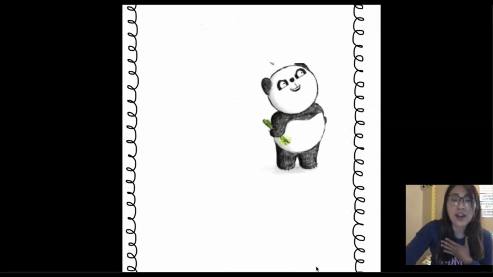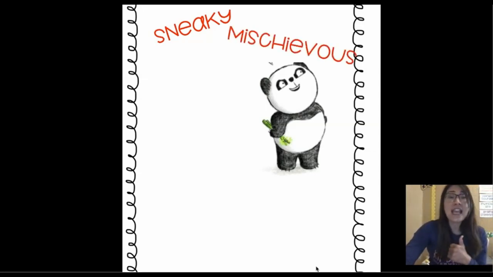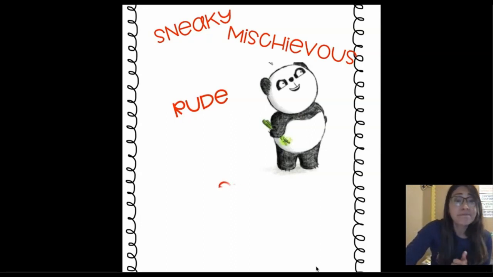Okay, let's look at another character, Panda, from the book The Panda Problem, which we just read last week. This panda, just look at his facial expression. He's sneaky, right? He's mischievous. He's up to something. He is causing some trouble for that narrator. He's kind of rude, right? He told the narrator, hey guy, looks like you're the one with the problem, not me.